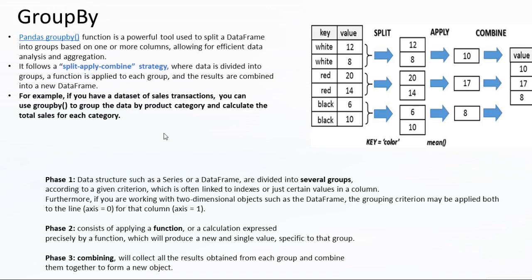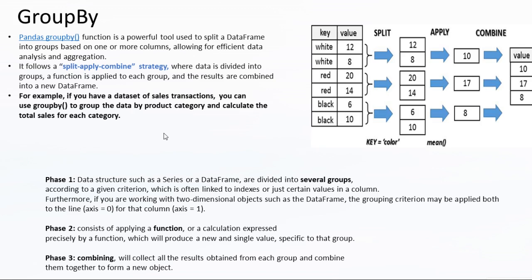So practically, if you want to understand GroupBy, just imagine that I want to analyze a data set of sales transactions. Let's say I have various product categories. I can group some of the items into the category electronics, some of the items into the category toys, and some of the items into the category books.